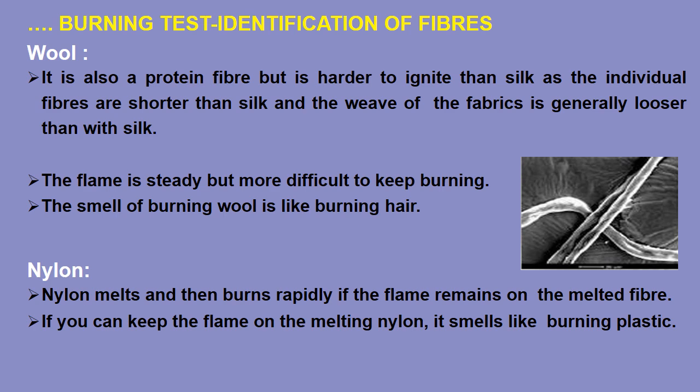It is harder to ignite than silk, as the individual fibers are shorter than silk and the weave of the fabric is generally looser than with silk. In silk, the fibers are very tightly bound after weaving, whereas in woolen cloth, even after weaving, it is more loose.